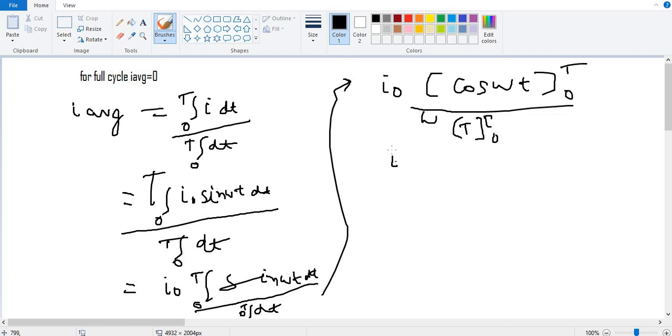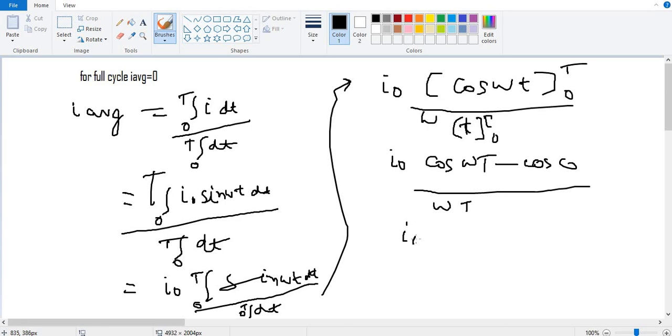Now here it will be I naught and cos omega t. I will put in the values: first the upper bound, cos omega t, minus cos 0, because the lower limit is 0. In the denominator, omega and t, this is a small t, so with capital T minus 0, only omega t is left. Now we have to see the value of cos omega t.